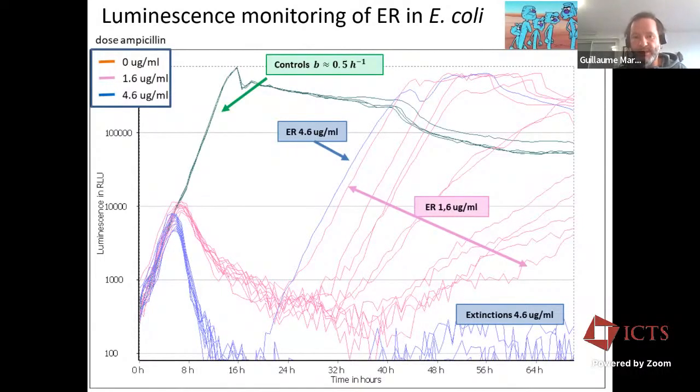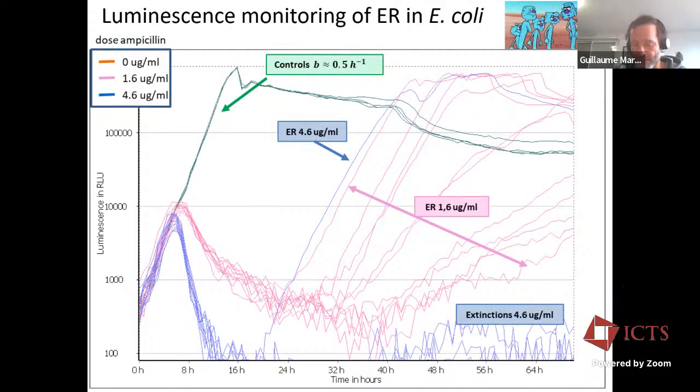It's much more sensitive than optical density. And also it detects some death that you don't detect with OD. With OD, you detect death when the death is imposed by a lysis of the cell, exploding. So with phages, it works fine. With ampicillin, which is the antibiotic I have, which are penicillins, it works also quite nicely because it explodes the cell usually, but it's much less sensitive. So that's the reason we're using these Lux transformed bacteria.